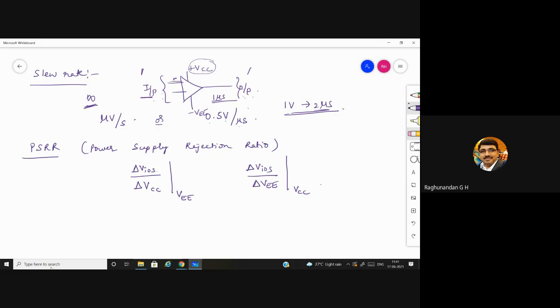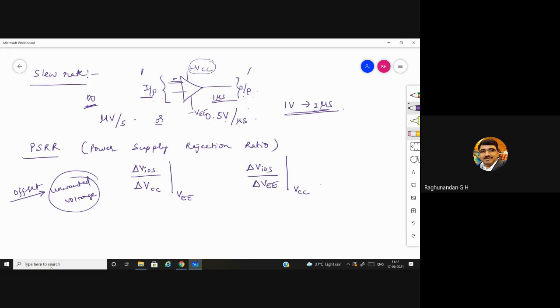VIOS means input offset voltage. Whenever the word offset comes, that means it is the unwanted voltage which is existing.